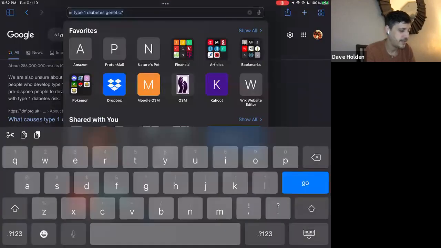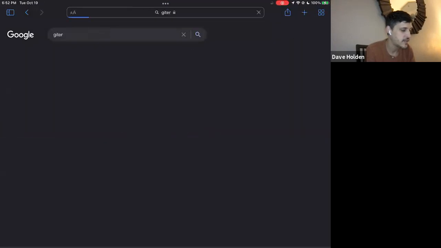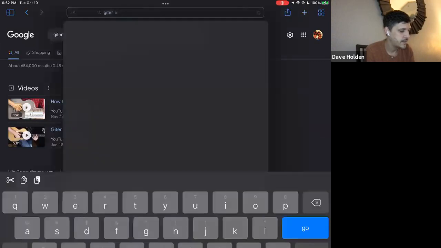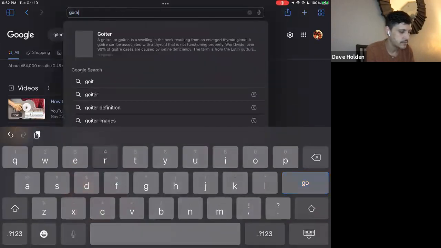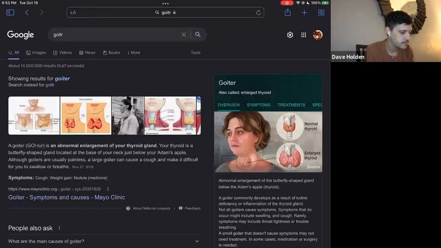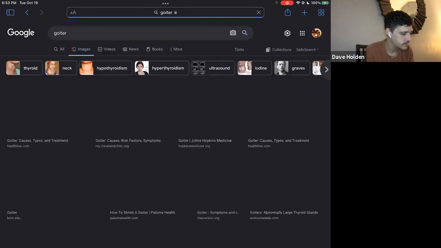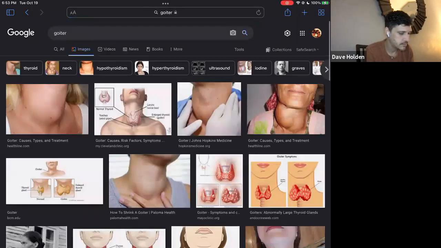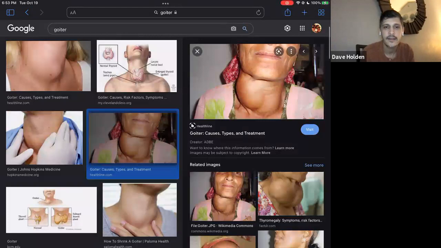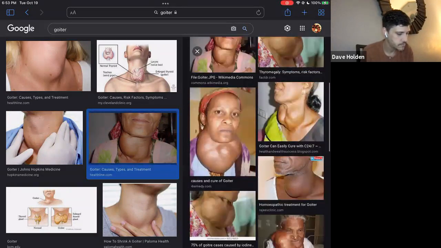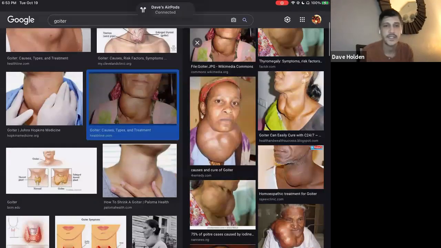I'll pull up a picture just in case you've never seen it before. When we talk about goiter, I totally spelled that wrong. I mean, look at that. It's noticeable, man. It's huge. Now, obviously, Google is going to pull up the most extreme pictures, so keep that in mind, you guys.